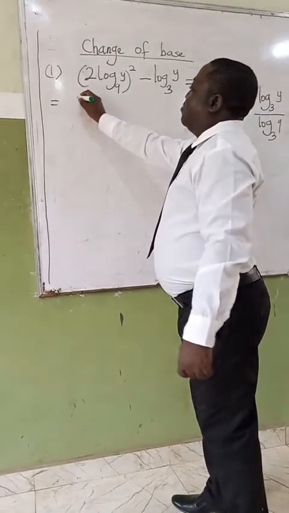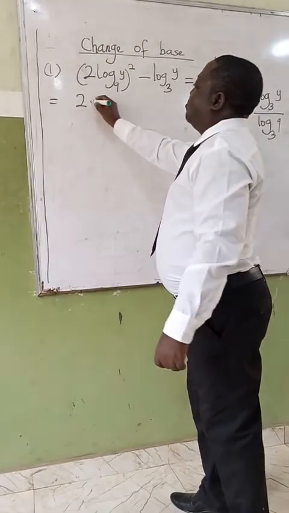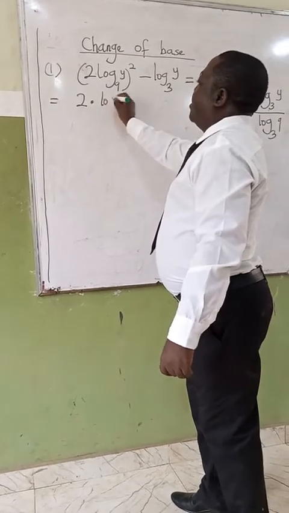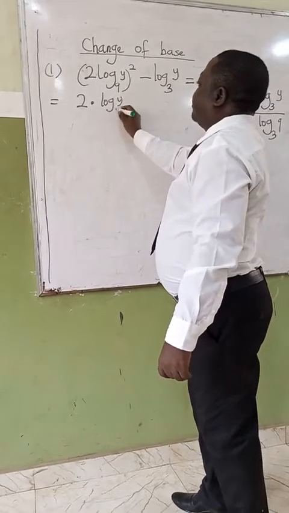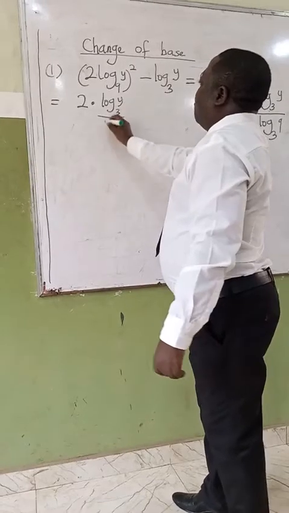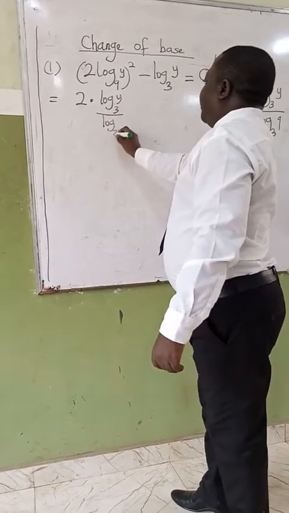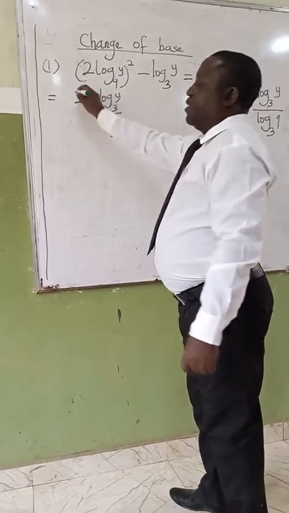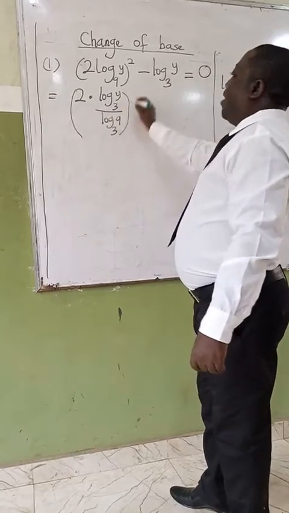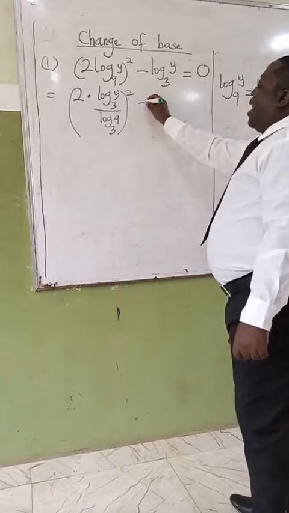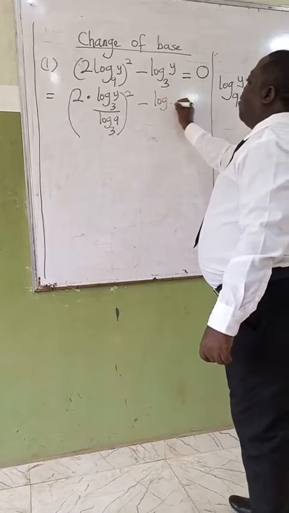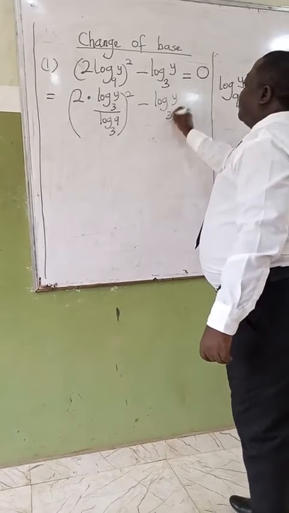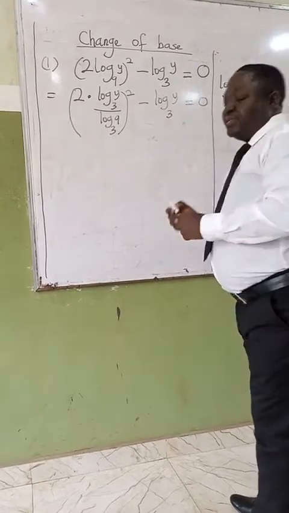So this becomes 2 times logarithm of y in base 3 all over logarithm of 9 in base 3, everything is raised to the power of 2, minus logarithm of y in base 3 is equal to 0.